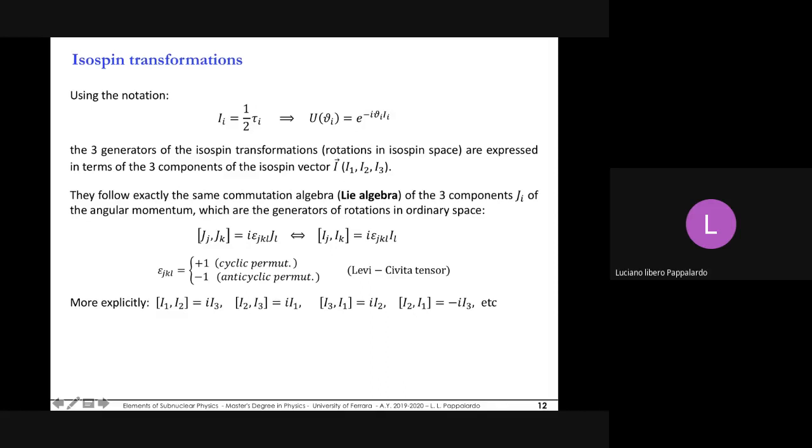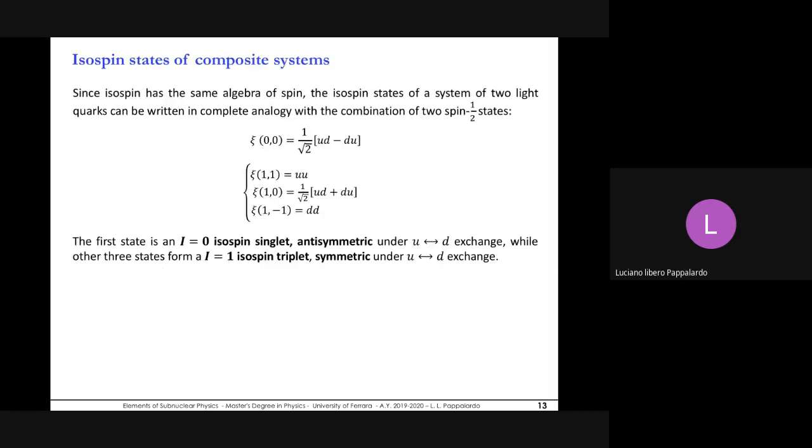This is exactly the same as spin and as orbital momentum, angular momentum, sorry. Now, since isospin has the same algebra of spin, the isospin states of a system of 2 light quarks can be written in complete analogy with the combination of 2 spin 1/2 states.